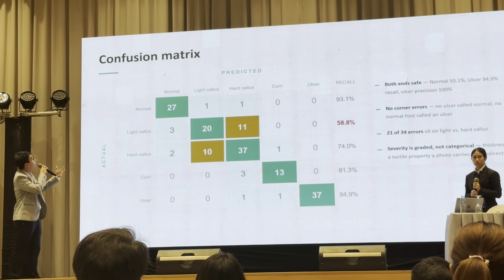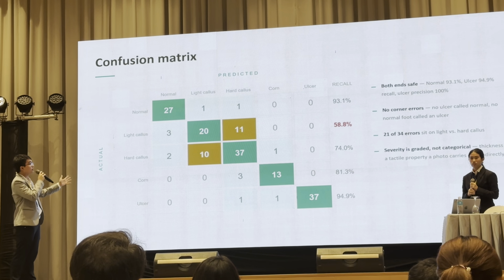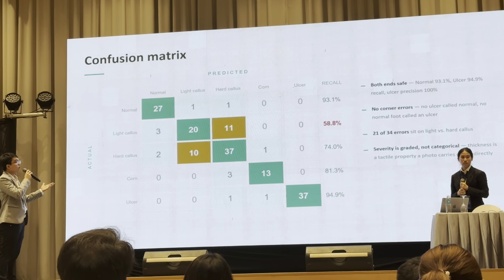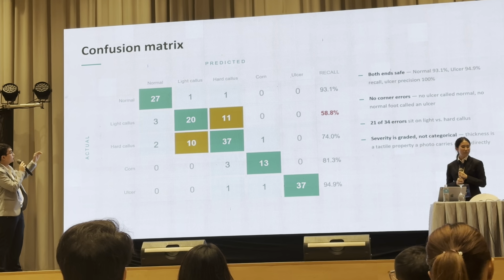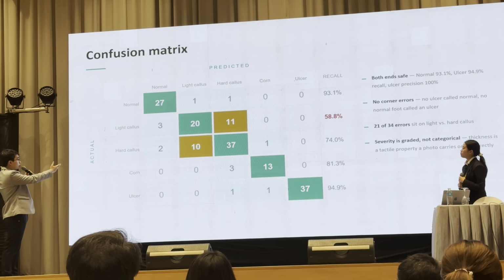As you can see here, this is a confusion matrix for the ConvNeXt model, where our model was able to perform with high recall for normal, ulcer, and corn as well.